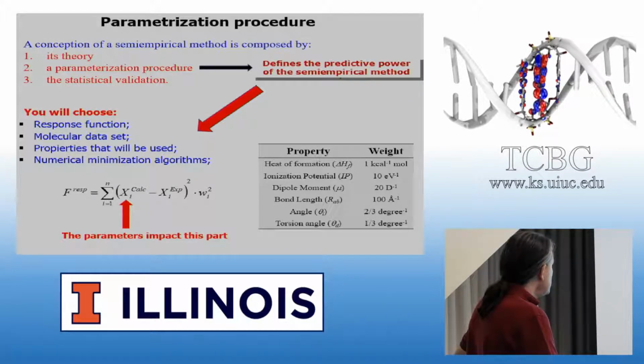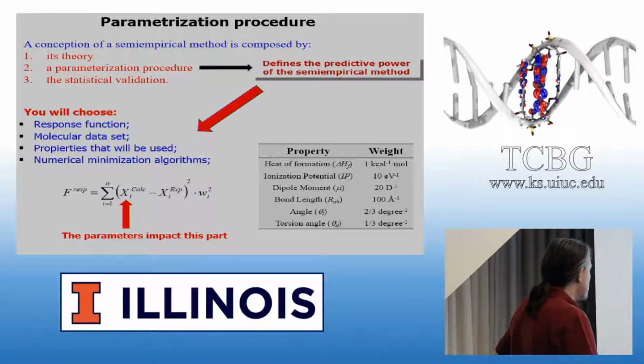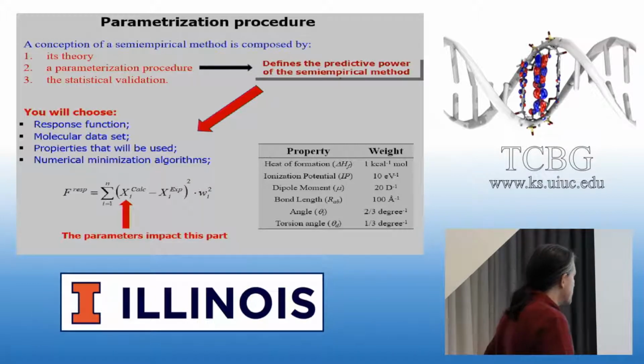Because this is a hard task. You need to choose a response function, a cost function. You need to set a molecular data set. You need to consider the properties that will be used, and you need to consider numerical minimization algorithms.